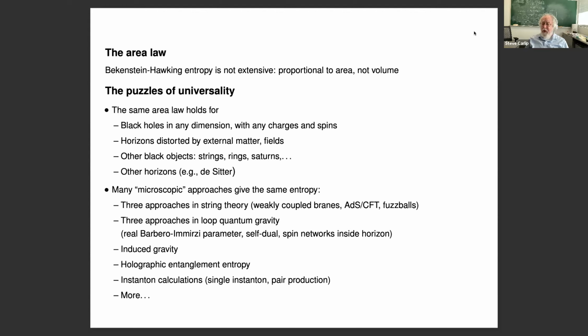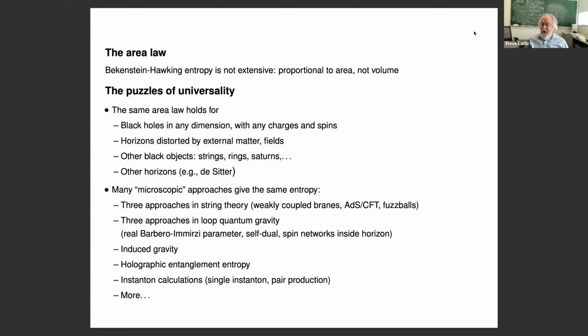That's Sakharov's old idea that you start without a gravitational action and induce it by integrating out some heavy fields in your action. You could take that approach and go back and count degrees of freedom of the heavy fields that you integrated out. You can look at entanglement entropy in various forms.